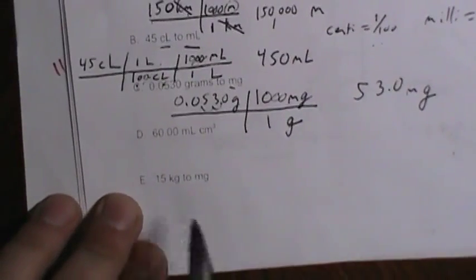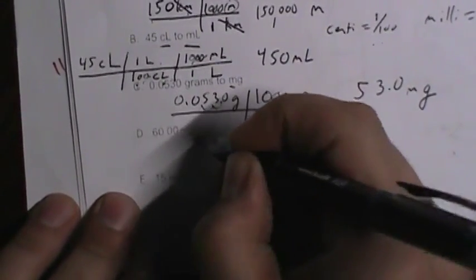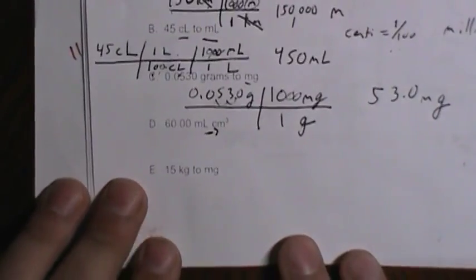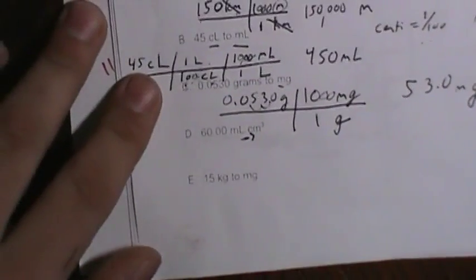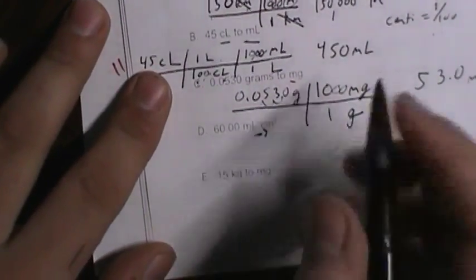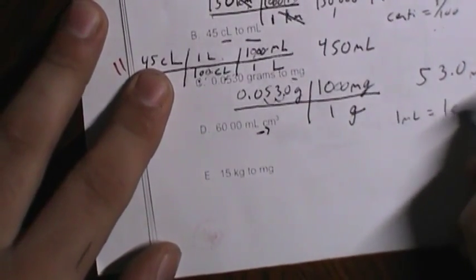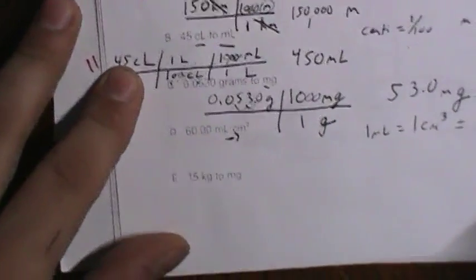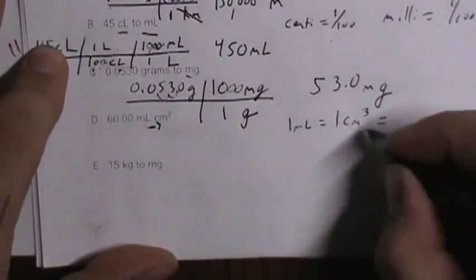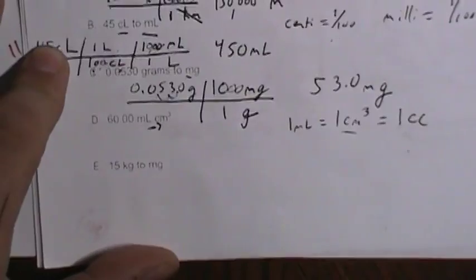All right, 60 milliliters to cubic centimeters. This one is actually not going to change the number, only the unit, because a milliliter is defined as 1 cubic centimeter. Or if you're going to the medical profession, you're going to see that cubic centimeter written as cc.